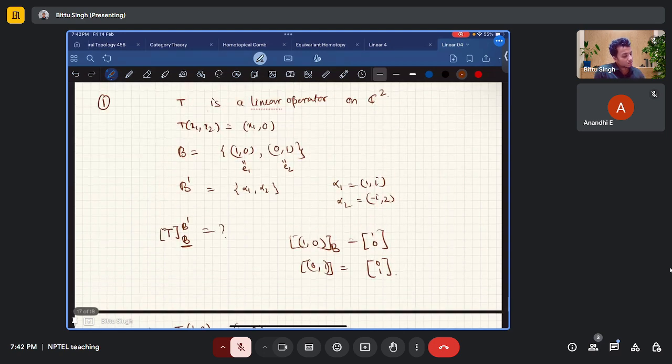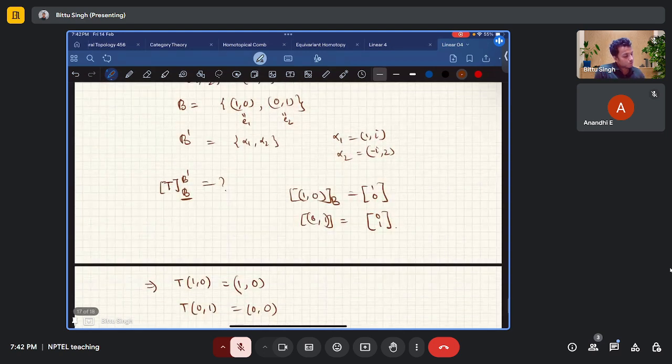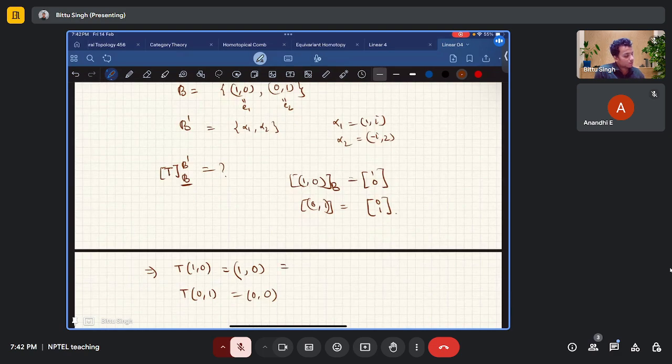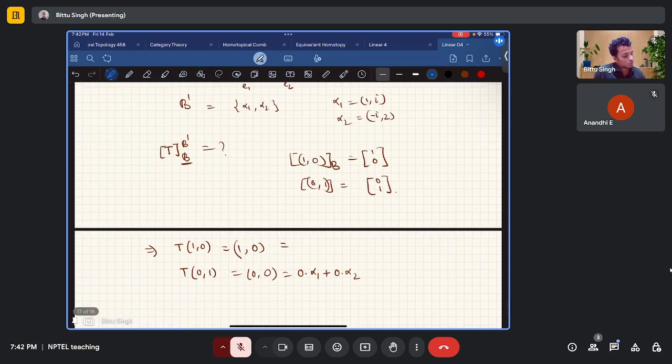Now we can see that this 0 0 can be written as a linear combination of those 1 comma I. This is easy, that this is 0 times alpha 1 plus 0 times alpha 2. But we need to write 1 0 as a linear combination of 1 I and minus I 2. So this type of problem can be solved using the solution of those equations.